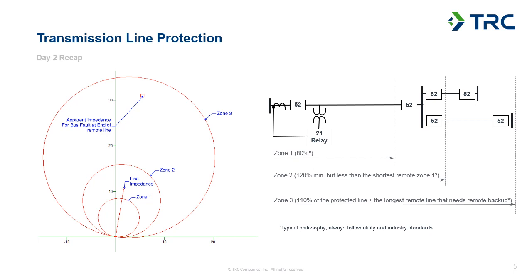Because that doesn't reach all the way to the end of the line, we have our zone 2 protection, and zone 2 is set to look past the end of the line and ensure that it provides 100% coverage for the protected line plus some margin. In this case, we've shown it as a 20% margin. Because that does overreach the remote bus and other protection systems, the zone 2 is going to have to be delayed so that we can coordinate with time coordination rather than sensitivity coordination for faults on the bus or adjacent lines.